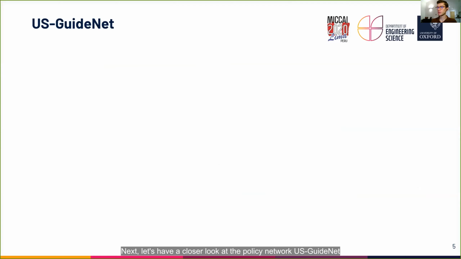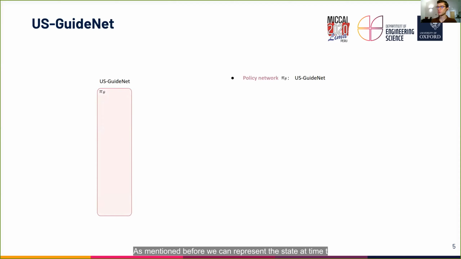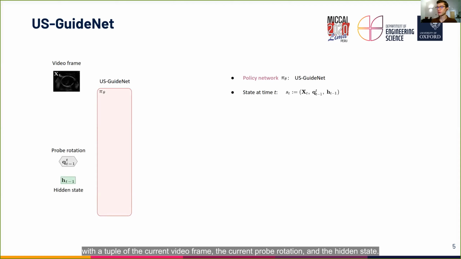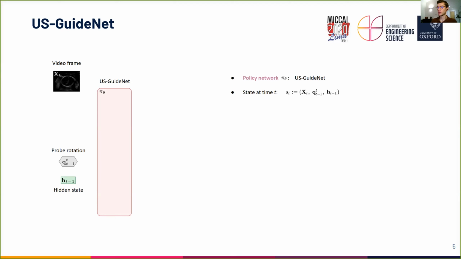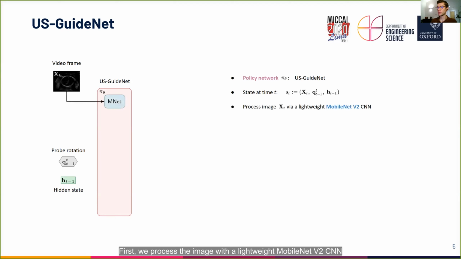Next, let's have a closer look at the policy network US-GuideNet. As mentioned before, we can represent the state at time t with the tuple of the current video frame, the current probe rotation, and the hidden state. First, we process the image with a lightweight MobileNet V2 CNN, which can run in real time on a CPU.